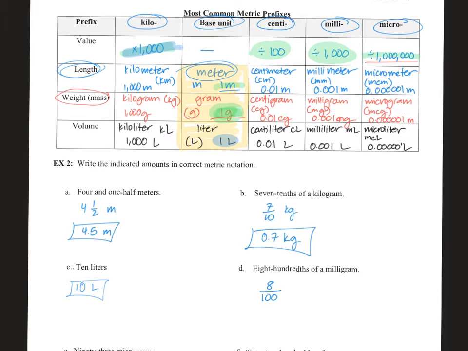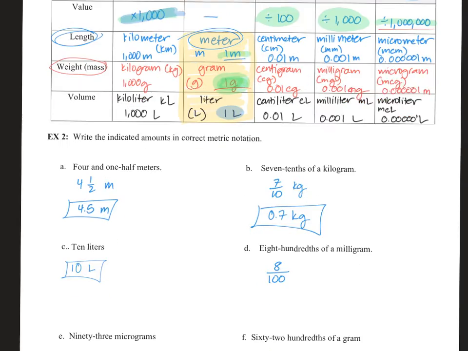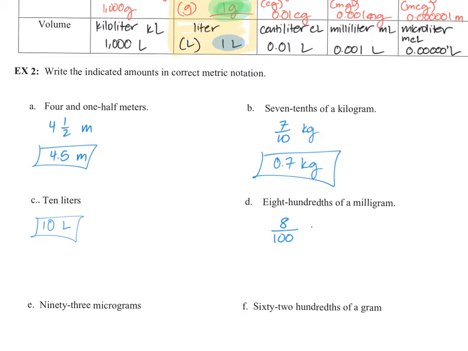Here's milligram. And the abbreviation for milligrams was mg. So going ahead with that, we get mg, all lowercase. But we cannot have that fraction, so going ahead and writing it as a decimal. There we go.